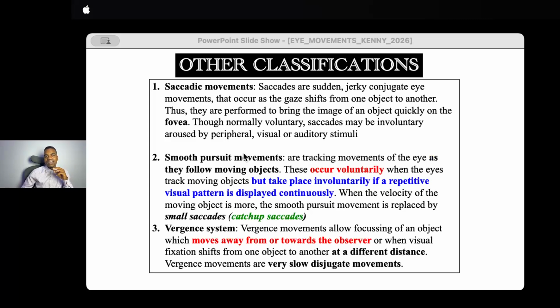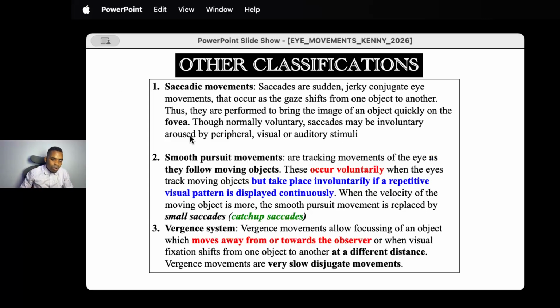For example, when the car is moving along the road, without moving the head, the eyes are tracing the car going along with it. In Swahili we say anasindikiza kwa macho, the eyes are tracing. That kind of smooth movement that traces a moving or a stationary object is called smooth pursuit.